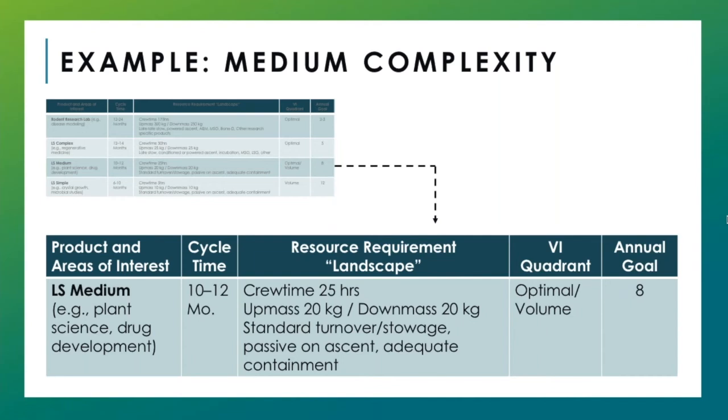We're in the value impact quadrant. How many of those do we want to see fly in the year to utilize all these resources to our maximum benefit? In this example, it's 8. We have examples of these in every category: physical sciences, life sciences, technology, and thank you, remote sensing, of course.